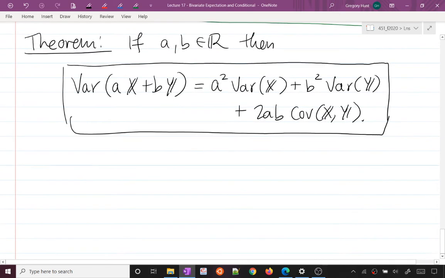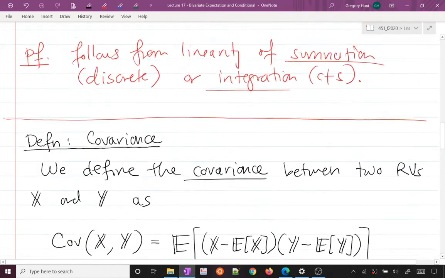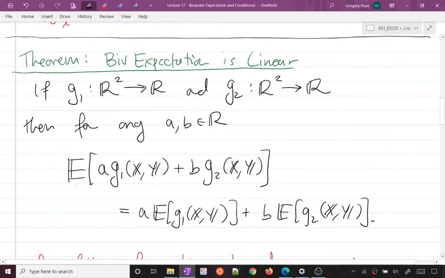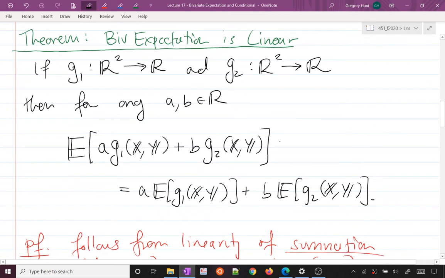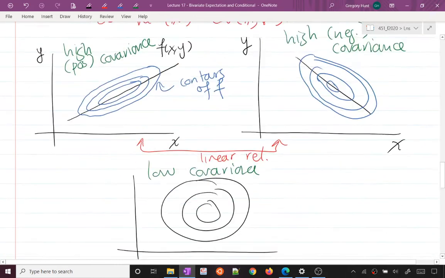So this is kind of different. We had this fact that, let's scroll back up here, bivariate expectation is linear. Super nice. Expected value of a g1 of xy plus b g2 of xy nicely plays with addition and multiplication by constants.